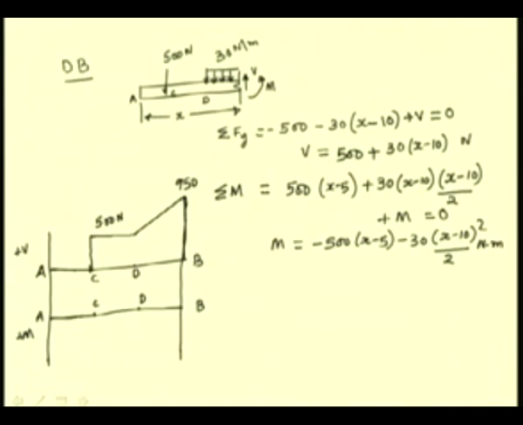For the section CD, the bending moment is linearly varying, and for this section DB, it varies as a second degree curve.